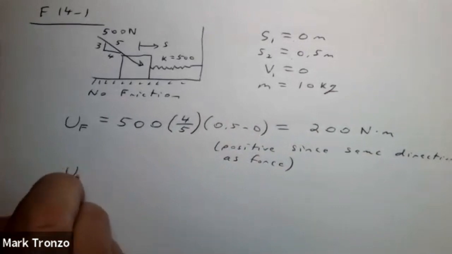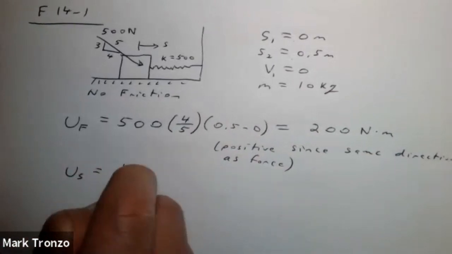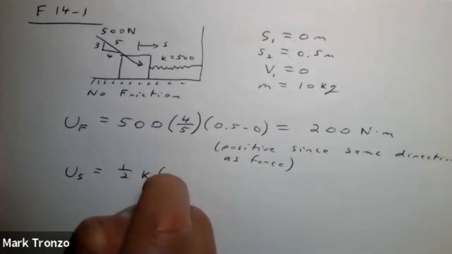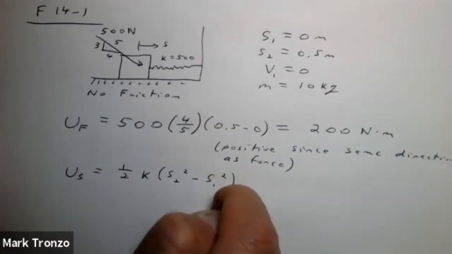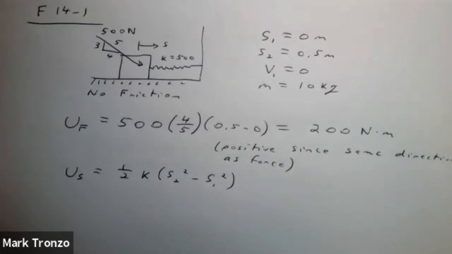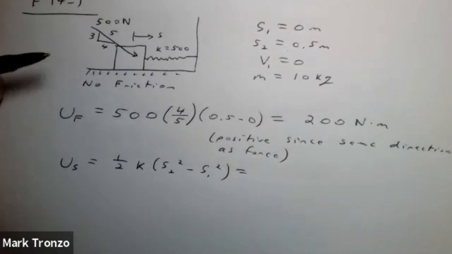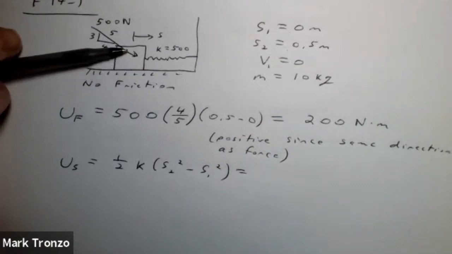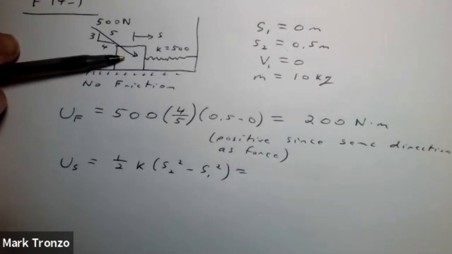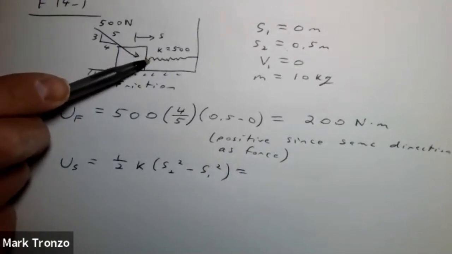So the spring work, let me remind us, is 1/2 k, and we can write it as S2 squared minus S1 squared. I just factored out the K. Once again, the spring is unstretched when it starts. So if we move to the right, we're going to compress the spring.